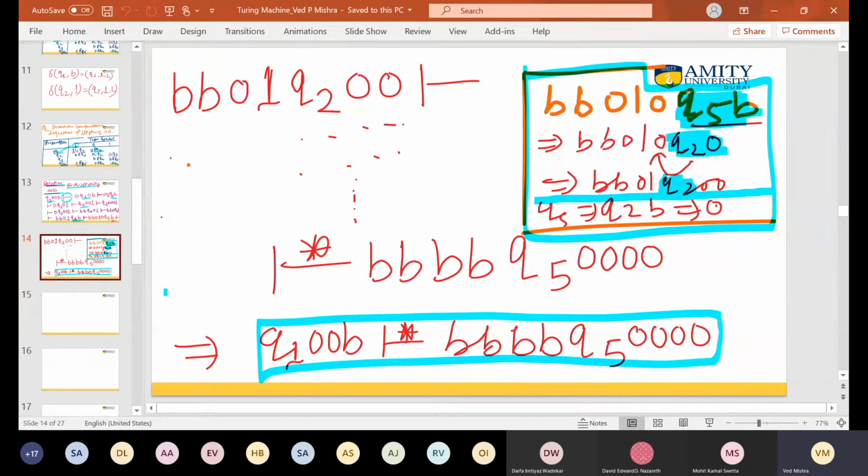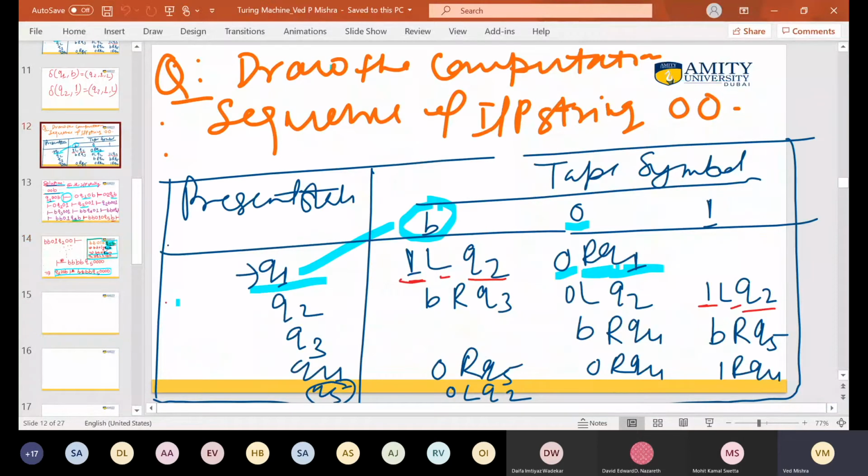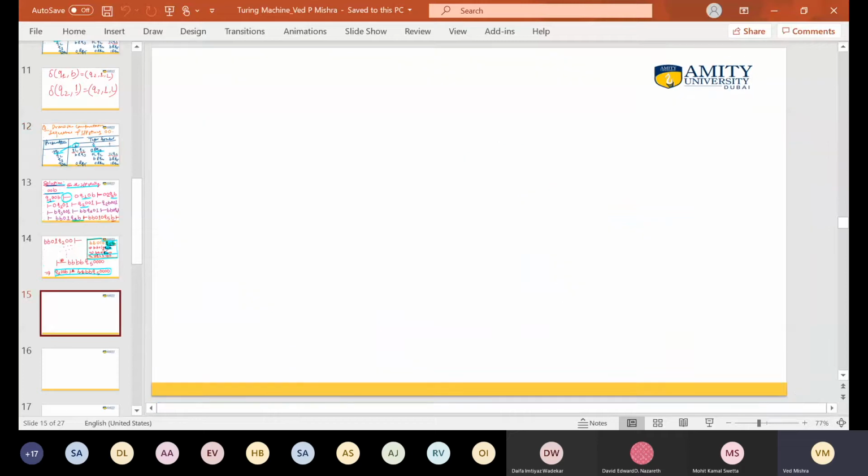Today we are going to do how to represent this. Suppose that you have been given a transition table. How to represent this into a transition diagram.